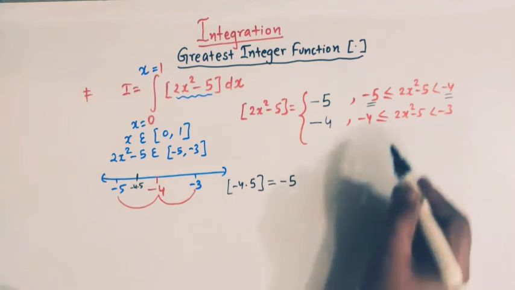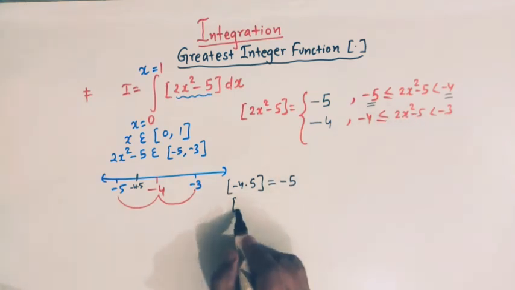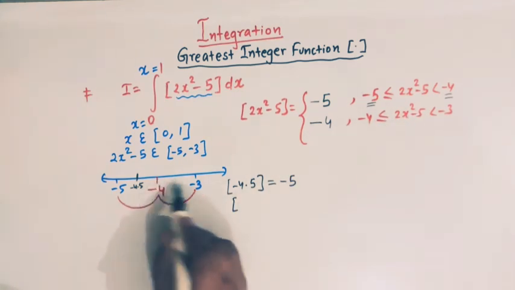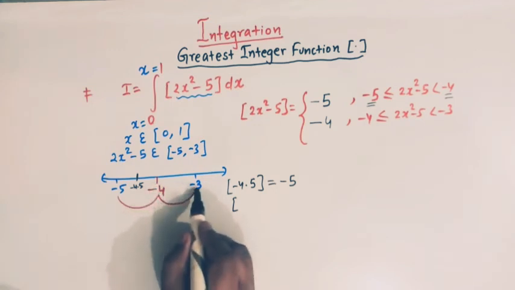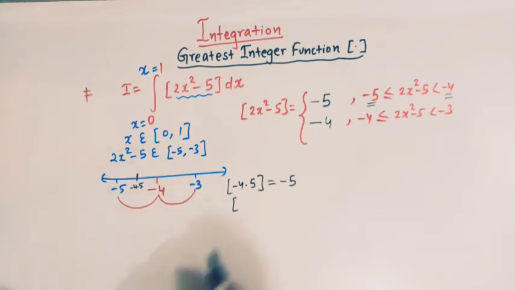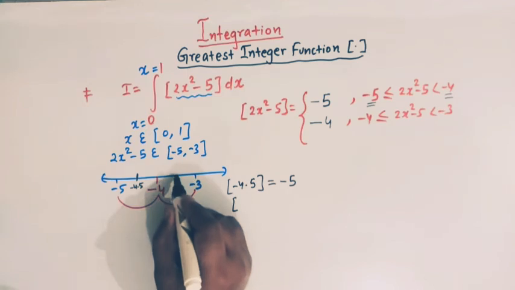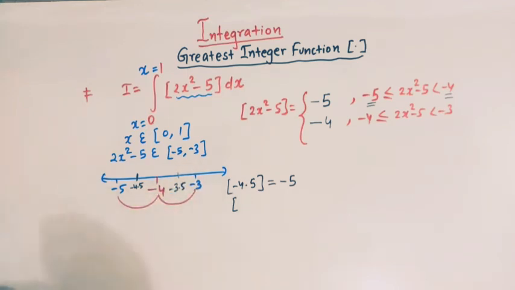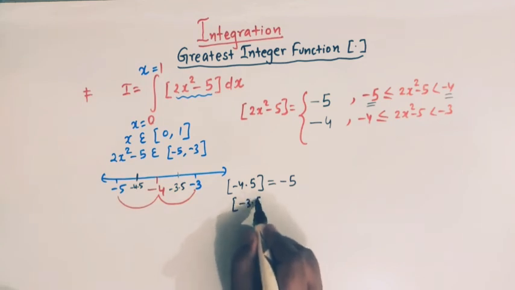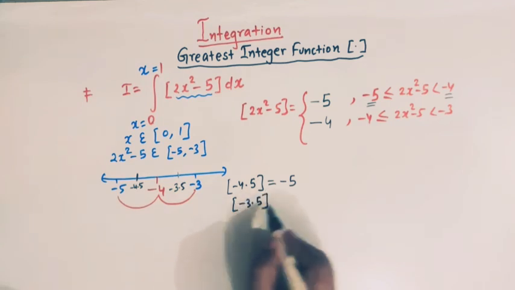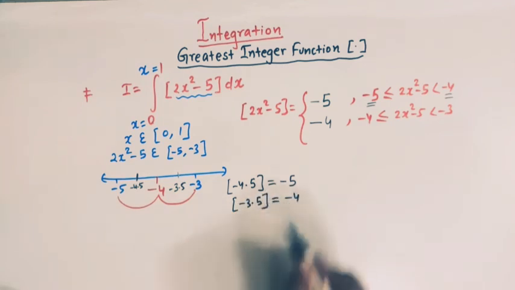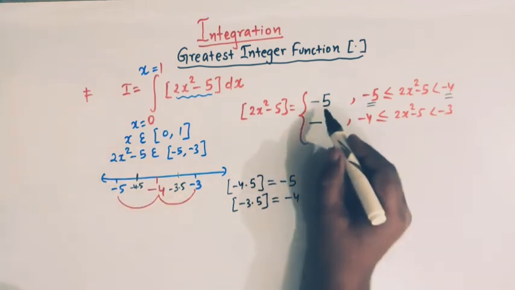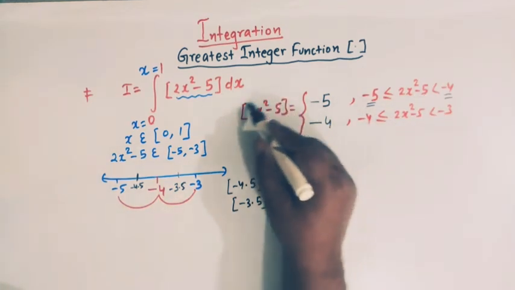Similarly, when 2x square minus 5 lies between minus 4 and minus 3, suppose we have a value, say minus 3.5, then the greatest integer of minus 3.5 is equal to minus 4. That's how we write the value of this function.